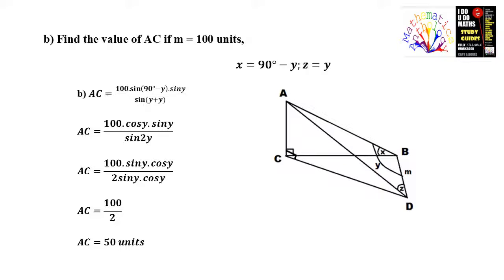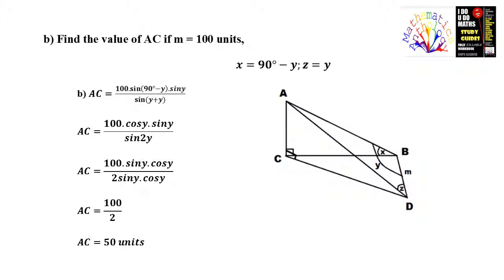Next, let's find the value of AC if M is equal to 100 units, and X is equal to 90 minus Y, and Z is equal to Y. So all we do here is we just substitute into our AC equation. So AC is equal to 100 instead of M in times sine of 90 minus Y times sine Y all over sine of Y plus Y. That simplifies to AC is equal to 100 cos Y times sine Y all over sine of 2Y.